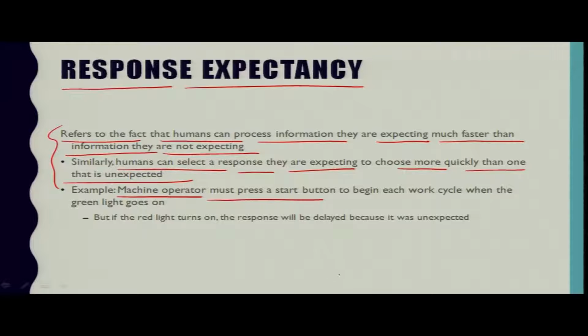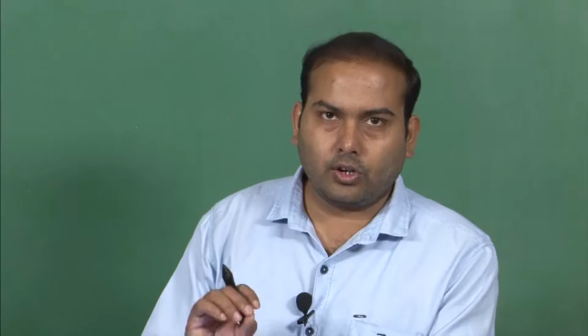However, if all of a sudden a red light turns on instead of the green light, this can be due to malfunctioning, or it is indicating malfunctioning. The operator's response selection will be more difficult because that red light is unexpected for the machine operator. So both the time to respond and the probability of error will be greater.